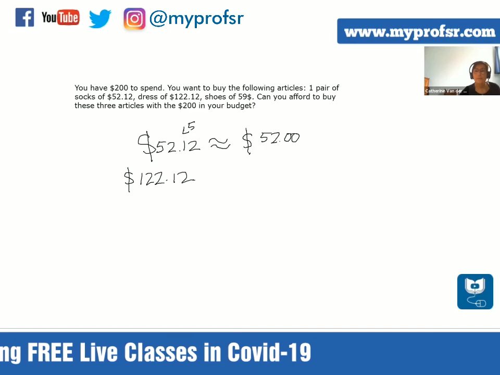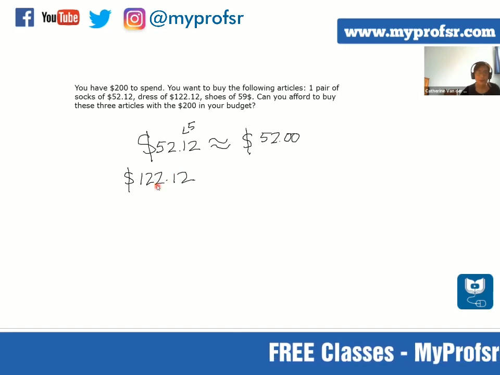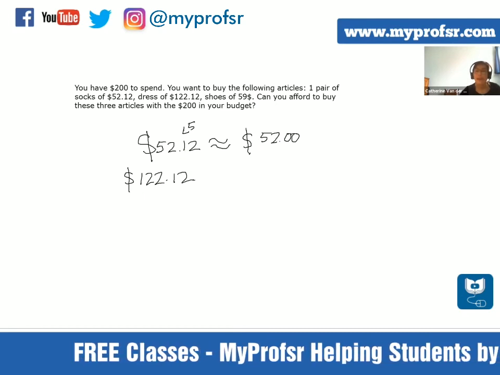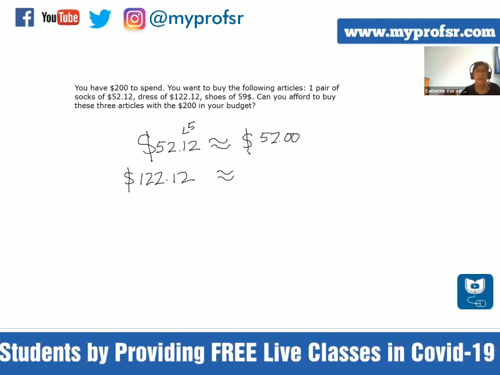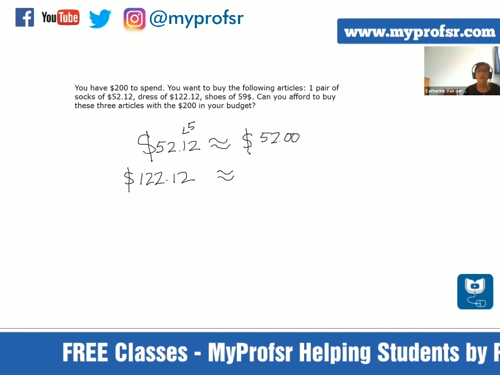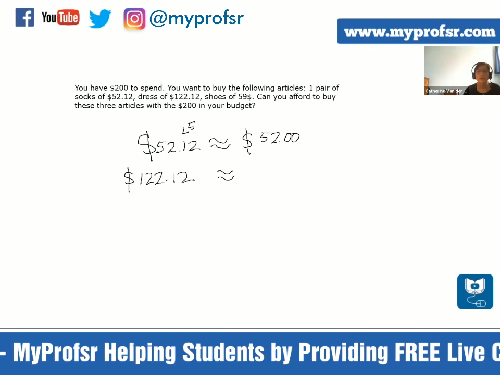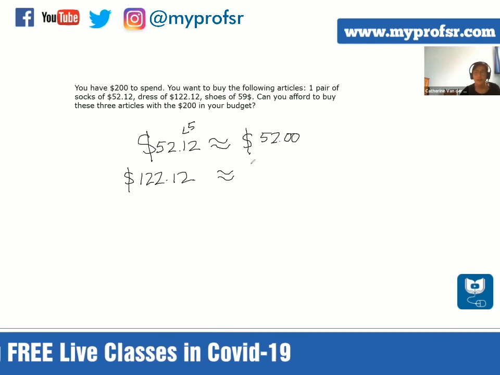Once again, the 1 is smaller than 5, so the 2 stays the same, and that will therefore become approximately, let's see what's in our chat box. 122, thank you. Yes, $122.